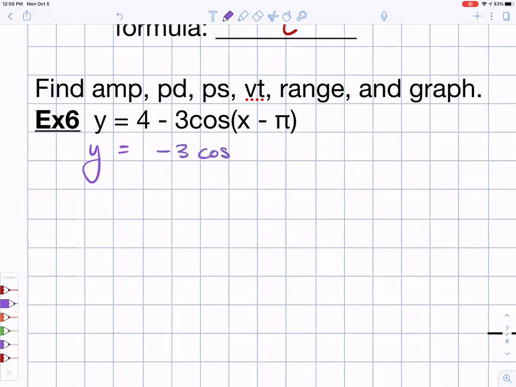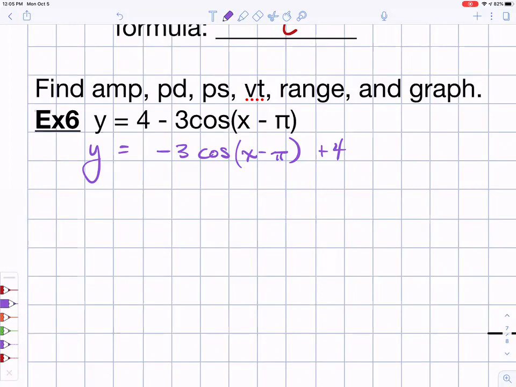That's the important part. I really wanted to hear you say the negative. Okay, -3. Is it already in standard form? Do I need to do any factoring? It's good. So x minus pi, and then I have my +4 that's now moved out to the back. Again, I don't care if you write that, but you at least need to think that so that you don't accidentally use the C value for your amplitude.